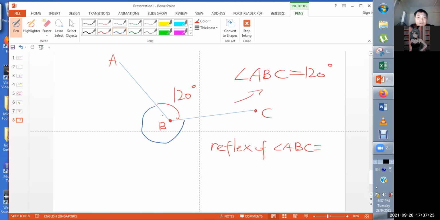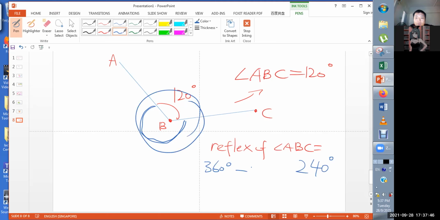What's the angle here? 240. Very good. So basically what you have done, I think, is 360 degree, because that's the whole thing, right? One round is 360. You minus the 120, that's why you get 240. So that's the meaning of reflex. Reflex means the outer one, not the inside one. Does it make sense?